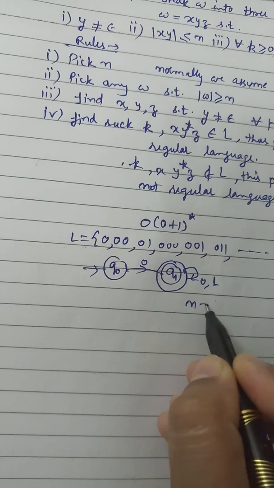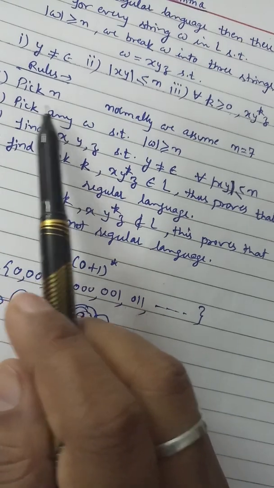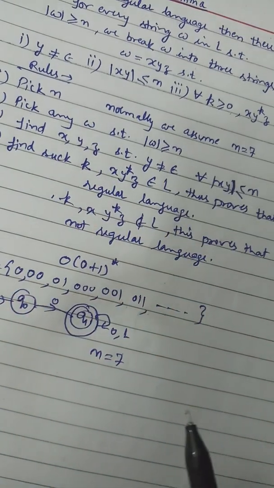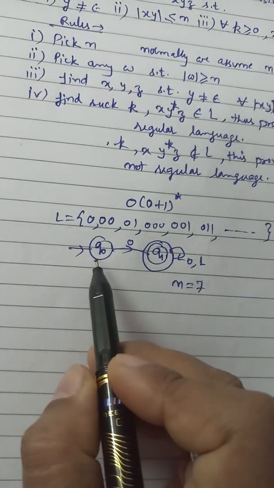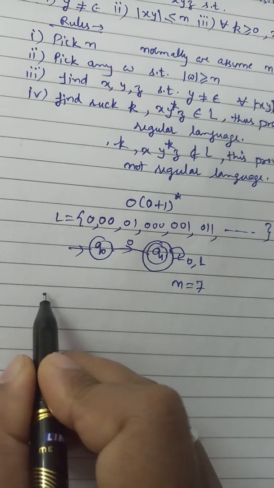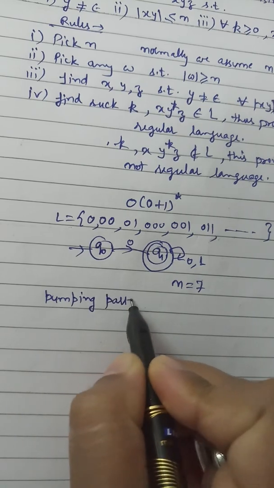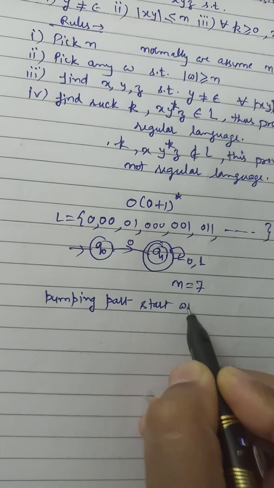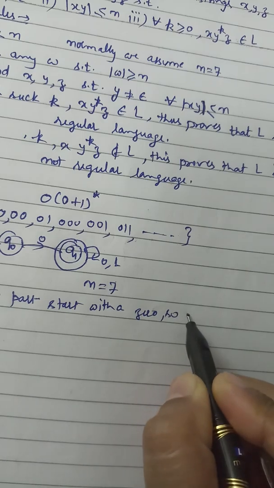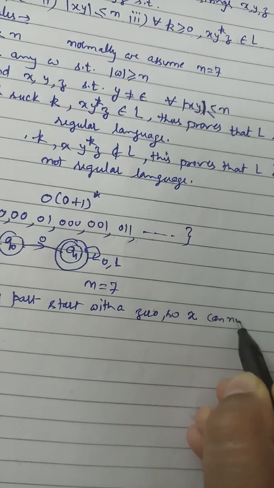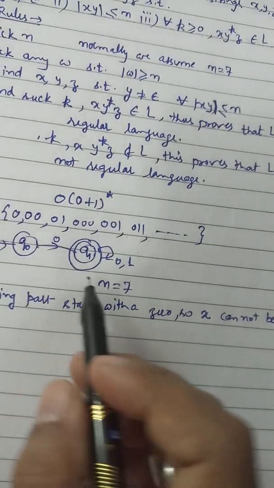And suppose we choose n is equal to 7, as we said normally pick any n, and we assume n is equal to 7. Because from q0 to q1 there is a 0, the pumping part starts with a 0, so x cannot be epsilon.